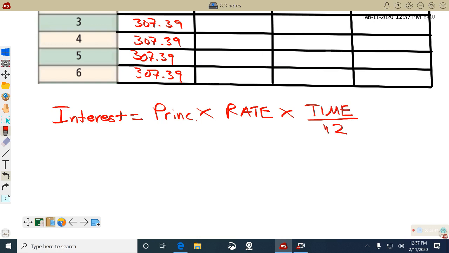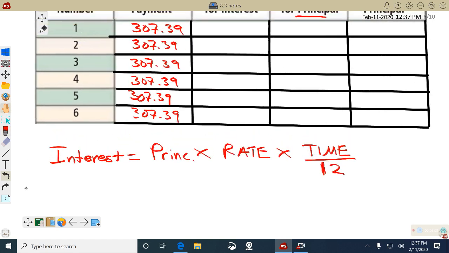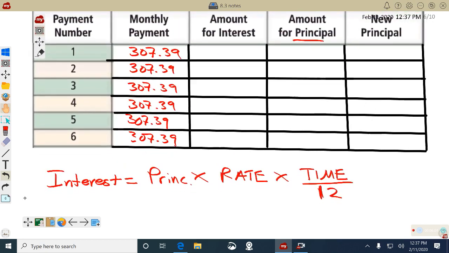Remember when we did ordinary interest, we divided by days of a 365-day year? Now, when we do these kinds of loans, it's divided by 12 because we're doing every month, not daily. The interest is being accrued per month, not per day.